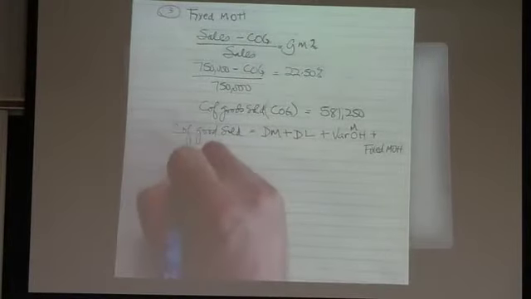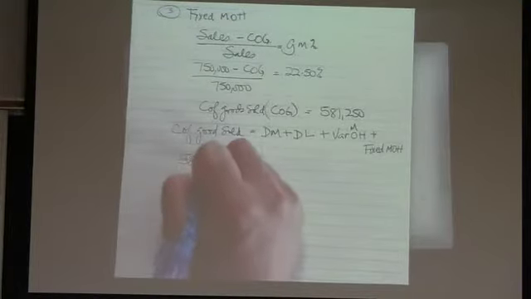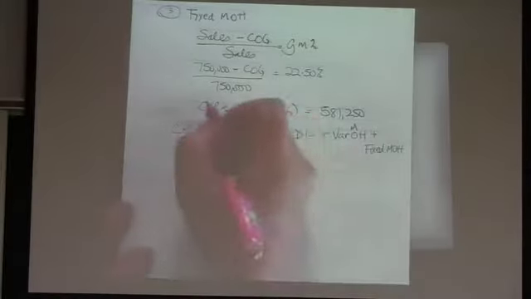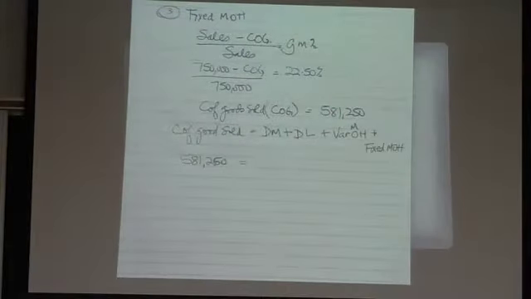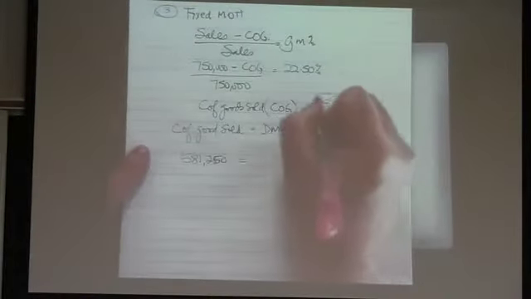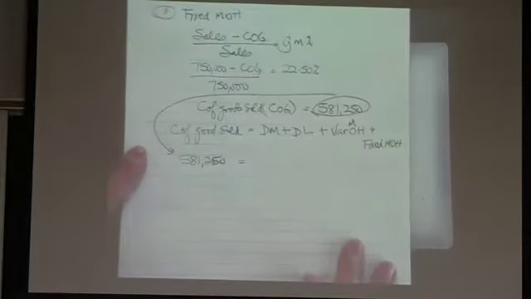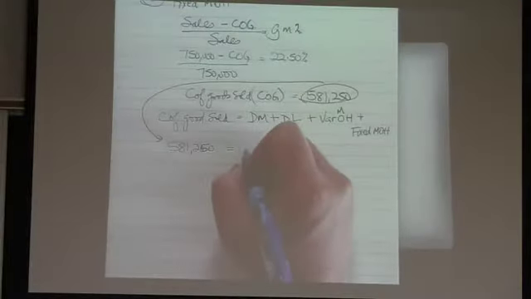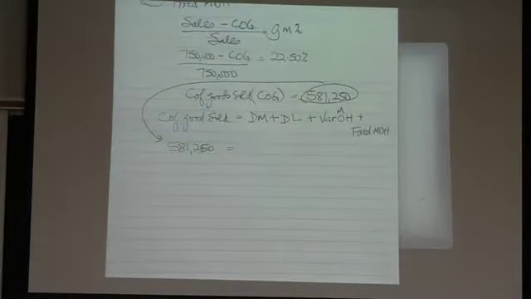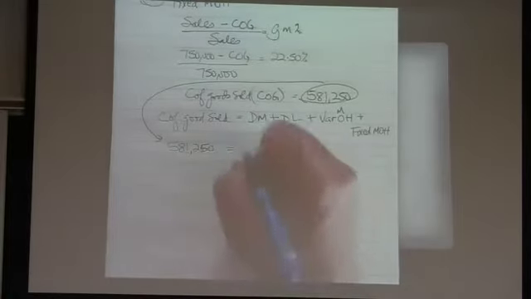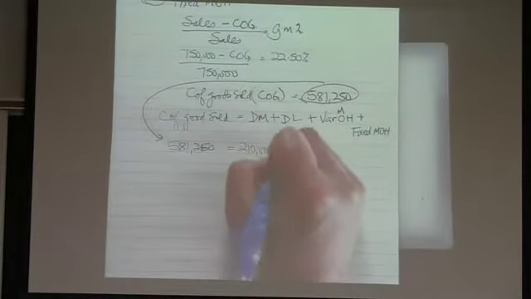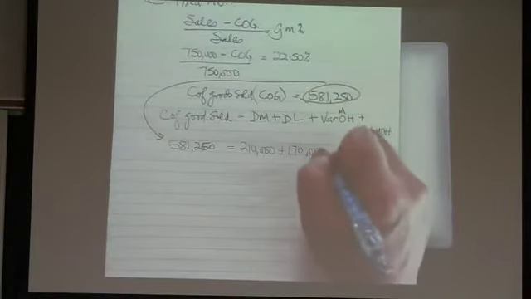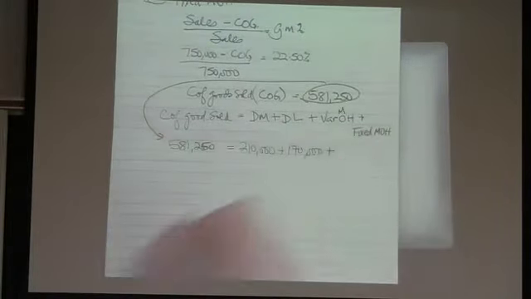So 581,250 is our cost of goods sold, and this number came from the calculation that we just did, plus direct material, which is 210, plus direct labor, 170, plus variable overhead, was that given to us?